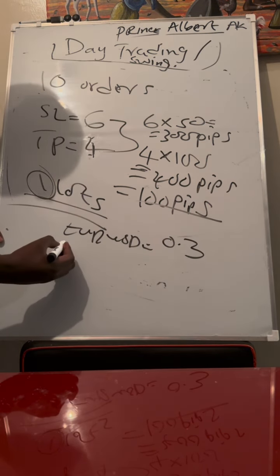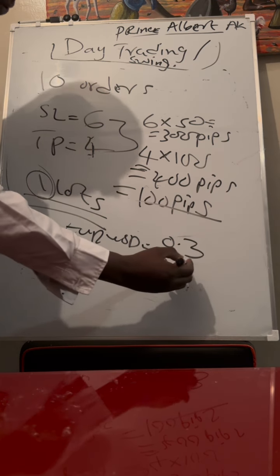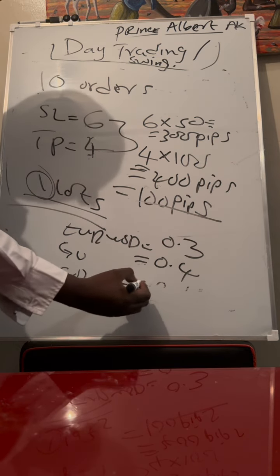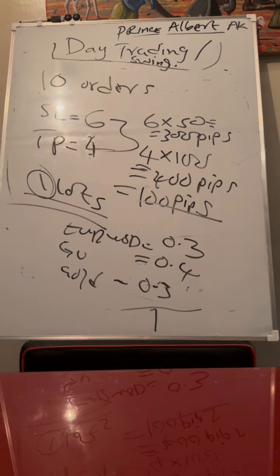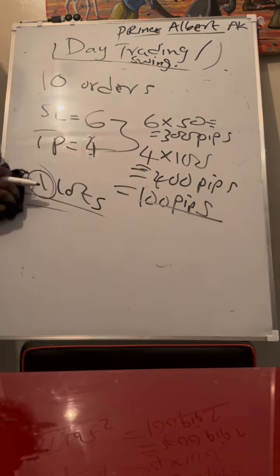Then Pound GU, for example, you do 0.4, and maybe gold you do 0.3, so this becomes one lot. Once you subdivide that way, it will be easier for you.